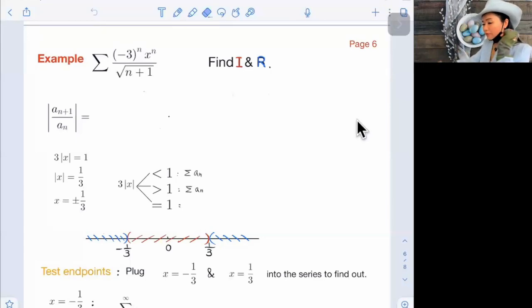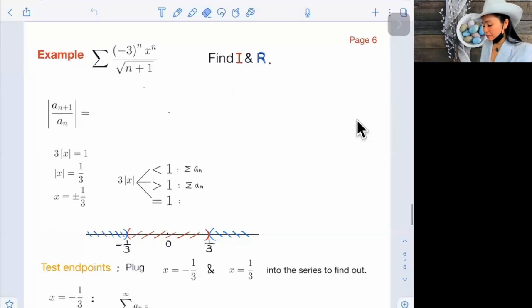So remember, we always use the ratio test to find the interval of convergence and the radius of convergence, right? So we're going to look at the absolute value of the ratio of a_(n+1) over a_n. Now, because of the absolute value, do I need to worry about the sign?